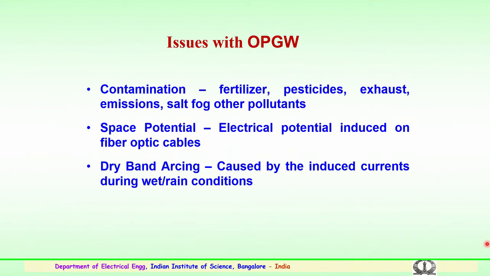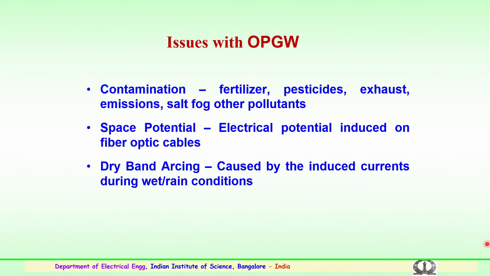This could be because of burning kilns near the transmission lines where the emissions could interact with the cable, and in some cases the transmission lines could also be affected by salt fog pollutants. So, contamination is an issue and could be a problem to the optical ground wires.